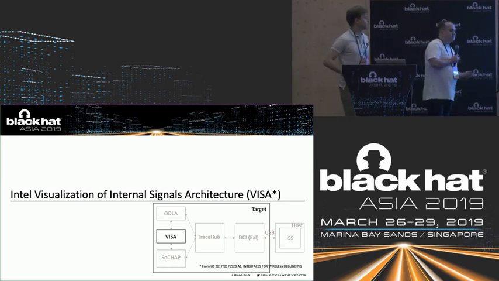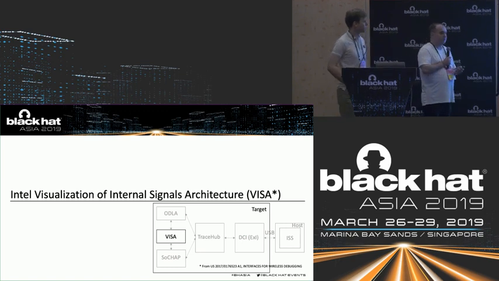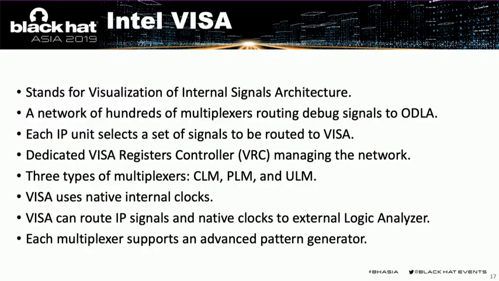Our talk is named Visa, but in fact Visa is only one component of the whole hardware tracing chain. Visa, which means visualization of internal signals architecture, is actually a network of multiple multiplexers routing hardware signals from external hardware components to an on-die logic analyzer. The main benefit of Visa is that you don't need to know the frequency on which the selected signals operate.